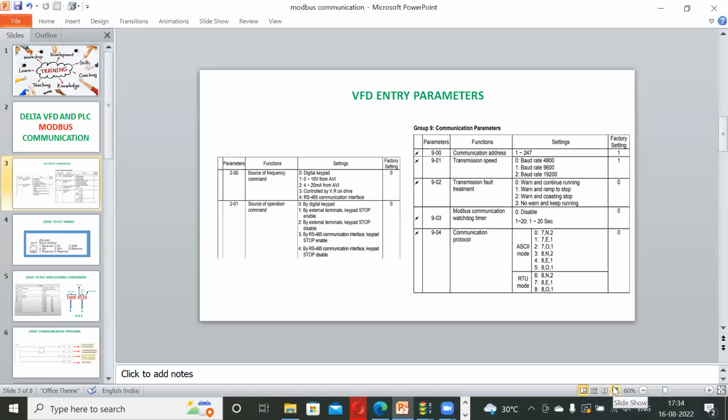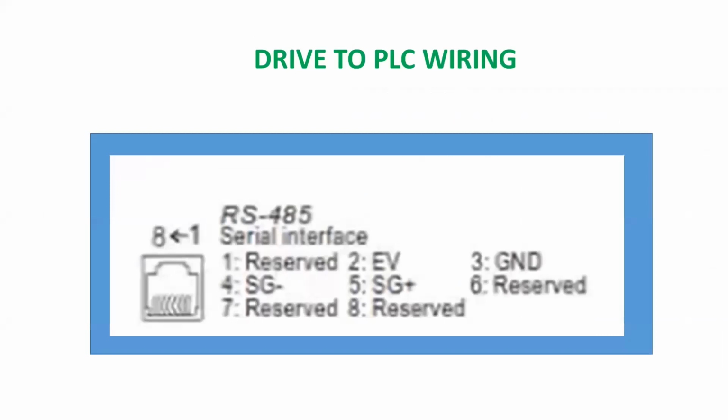Okay, next slide is the second one. In this RS485, this is the drive side. On the drive we have 1, 2, 3, 4, 5, 6, and so on up to 8, right?